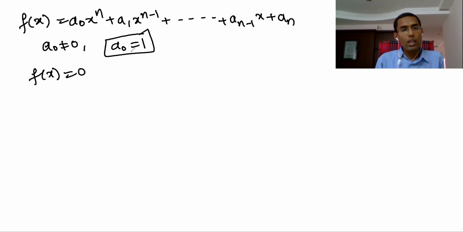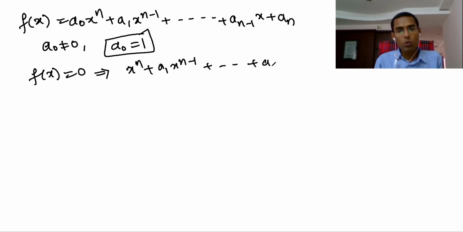So why does this monic polynomial have a particular name? Because if a0 is 1, then x^n + a1 x^(n-1) + and so on up to an = 0 is an nth degree polynomial equation.